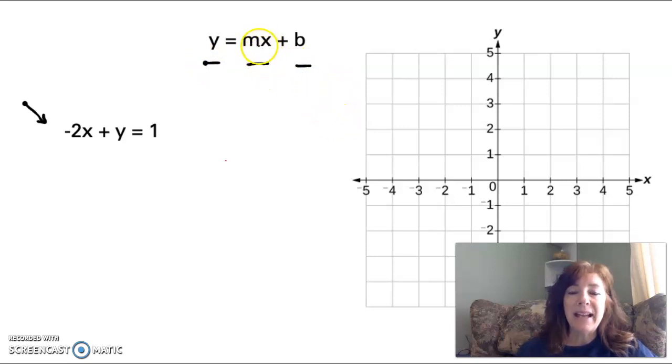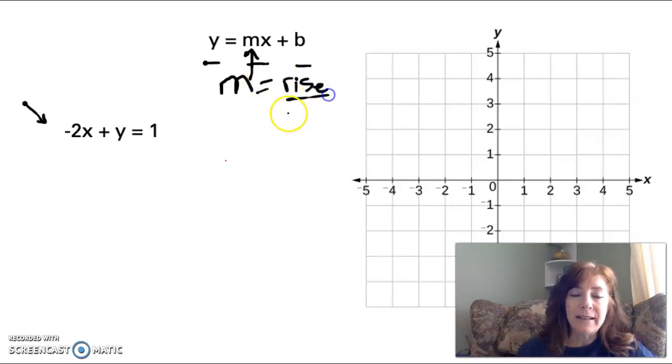The x term has an m multiplied times it, some number m. And m, if you remember, is our slope, and m is rise over run.